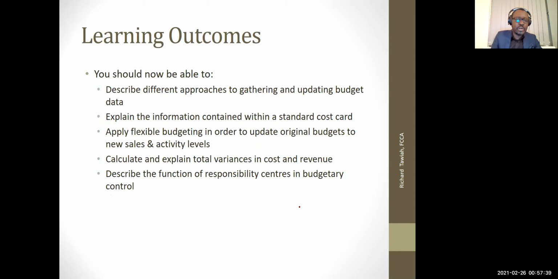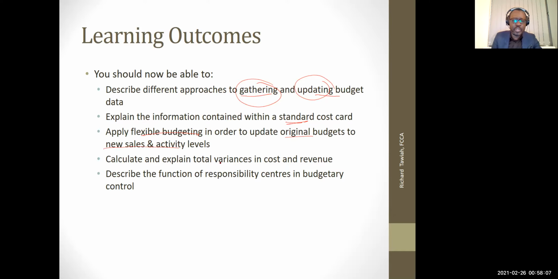All right, so at the end of the day, we should be able to know how to gather data, how to update data, okay, using the data, the budgeting approach, and then using either the flex, fixed, or rolling. And then we should be able to explain the information in a standard cost card. We can easily apply a flexible budget to identify variances, okay? So we update the original to the new sales level and flex it.